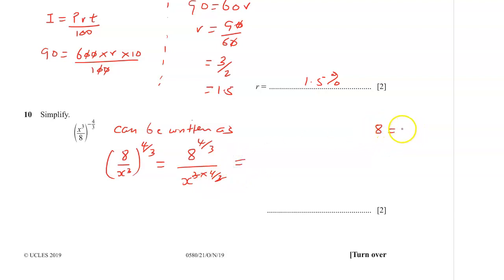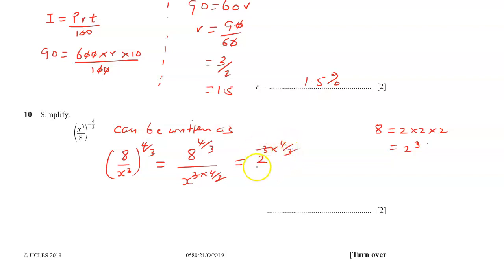You can write 8 as 2 times 2 times 2, and therefore this can also be written as 2 to the power 3. Therefore this can be written as 2 to the power 3 times 4 upon 3.